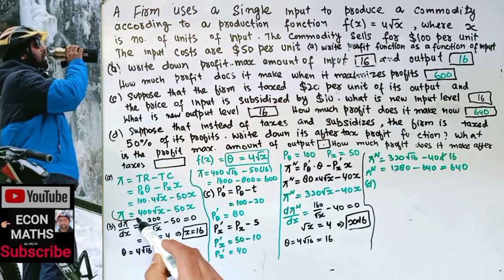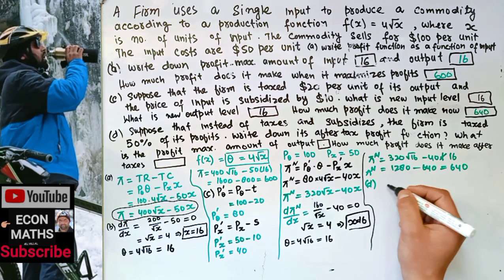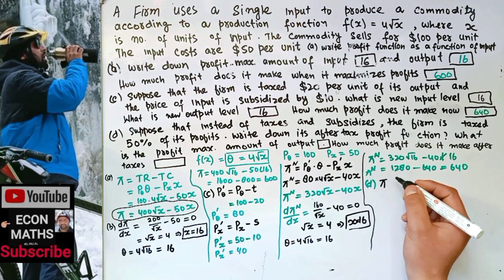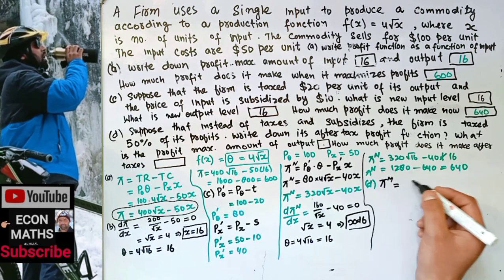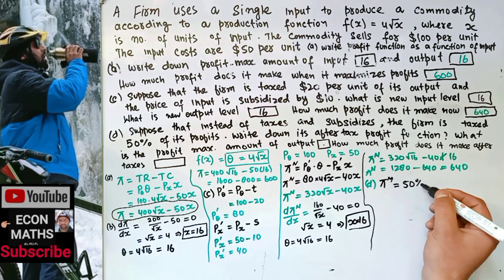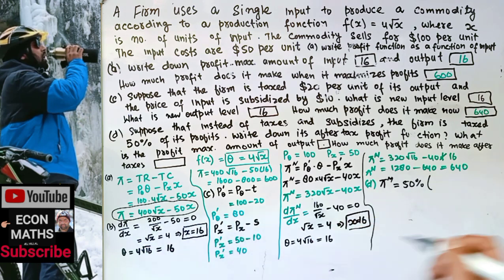If profits are taxed by 50%, we need to find out the amount of tax imposed on the earlier profit function. So the new profit, let us denote it by m, will be equal to 50% of our old profit function.